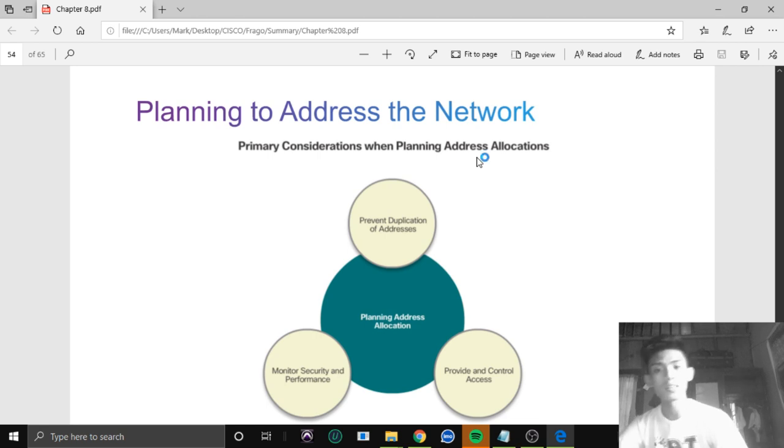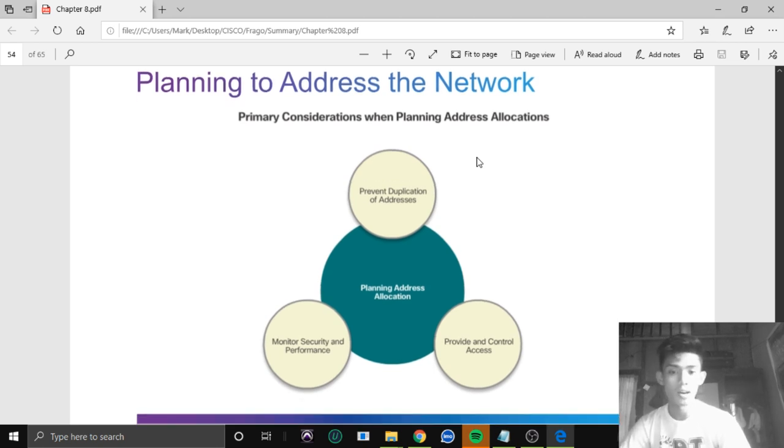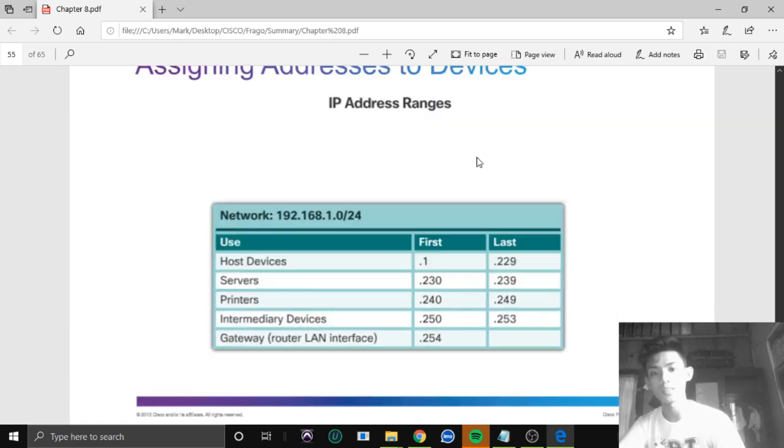Primary considerations when planning address allocation: prevent duplication of addresses, provide and control access, and monitor security and performance. Assigning addresses to devices.